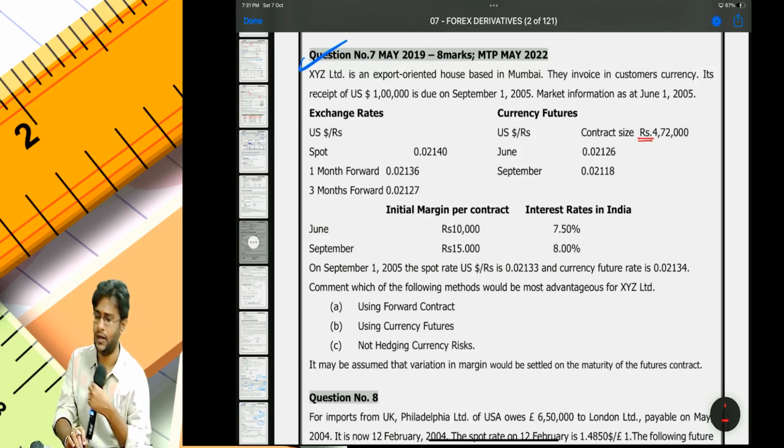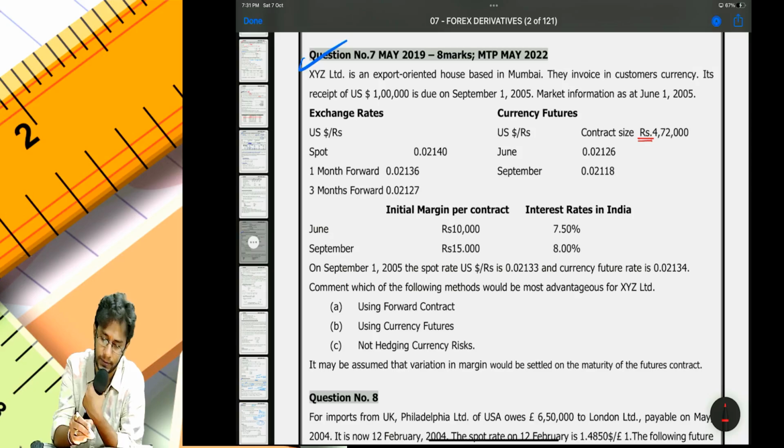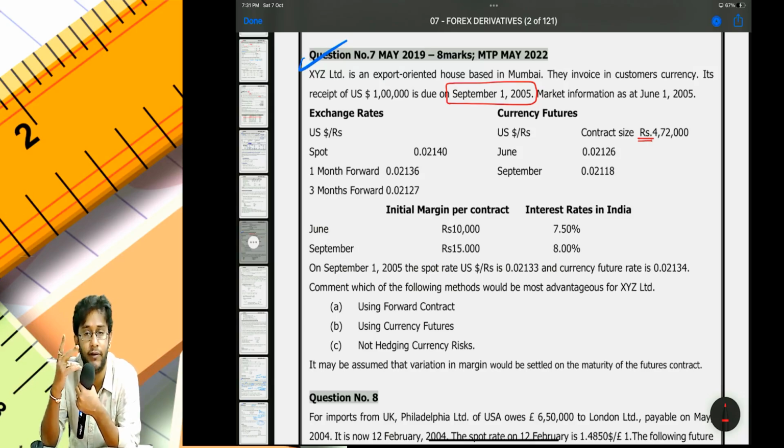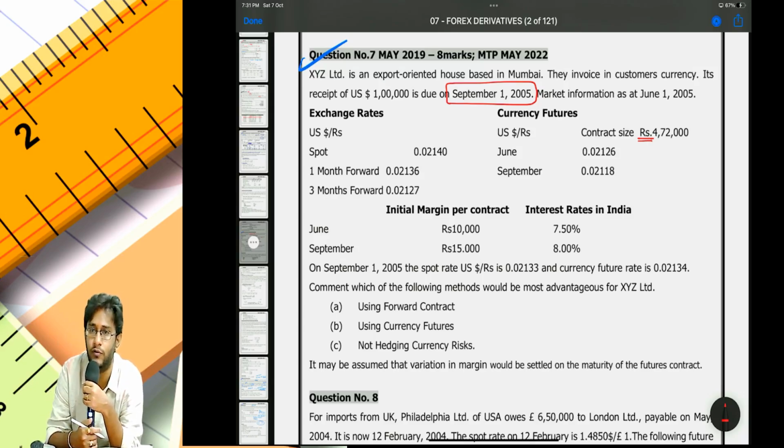Now you see guys, I want hedging up to what date? Till I receive my money, September 1st. You have given 2 futures, one is June futures, one is September futures. June futures will expire at June ending, September futures will expire at September ending.